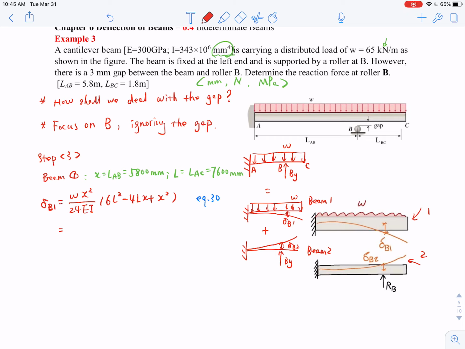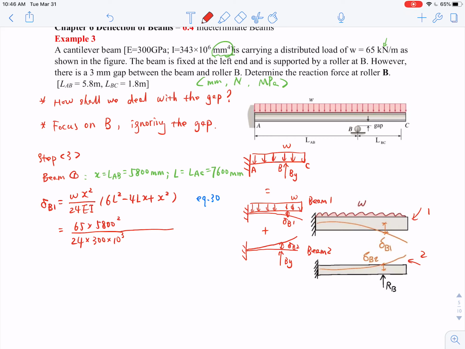Right, so you will have 65 by the x, 5,800 square over 24 by the E is 300, but you need to add 1,000 because you need to convert gigapascal into MPa.